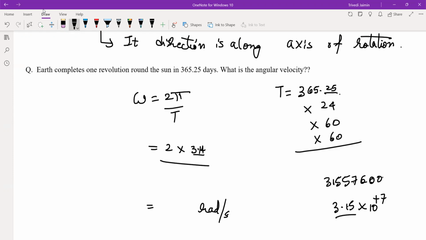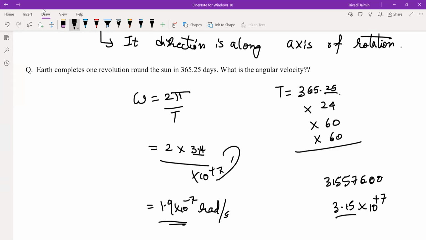We can say they are 1. And here it is 2. 1 into 2. This is not exactly 1, it's less than 1, so we can say 1.9. If I multiply, it's not exactly 2. So let's take 1.9. And this is 7, so it will be 10 to the power of plus 7. It will go up and become 10 to the power of minus 7.